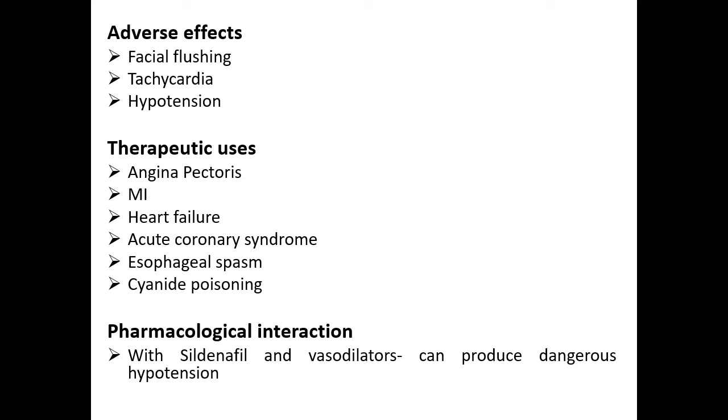So sildenafil will produce a synergistic effect with organic nitrates and can produce dangerous hypertension. Likewise, other vasodilators also produce vasodilation, and along with organic nitrates, they will produce dangerous hypertension. So these two drugs are contraindicated along with the organic nitrates.